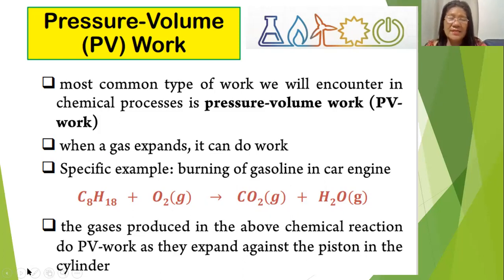So the gas produced in the above chemical reaction will do a PV work, pressure volume. This happens when the piston in the engine of your car expands, and this will make your car move.